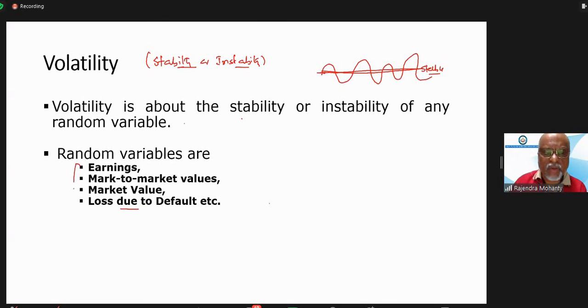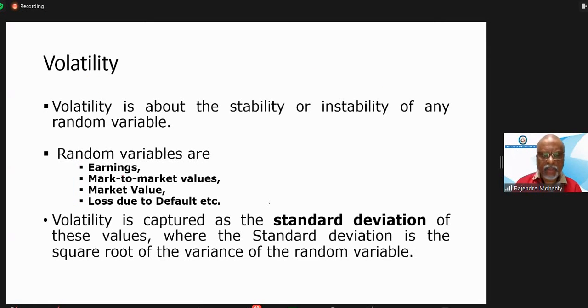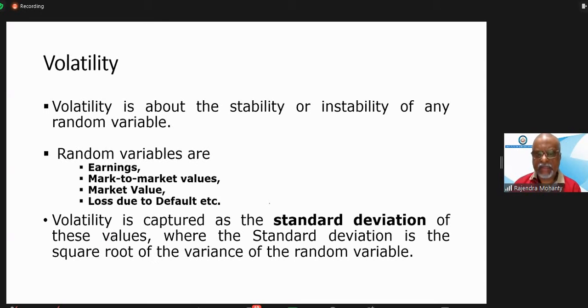All these things can be calculated through the method called volatility. Here we are not calculating the change, we are seeing the frequency of stability and instability. Volatility is measured through a procedure called standard deviation.